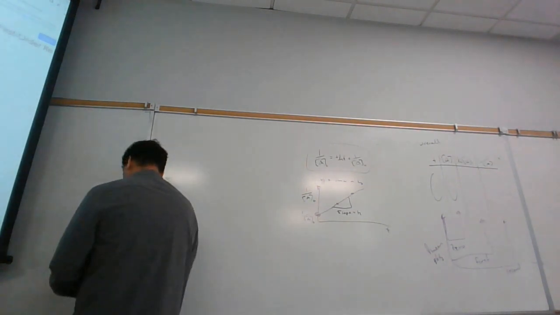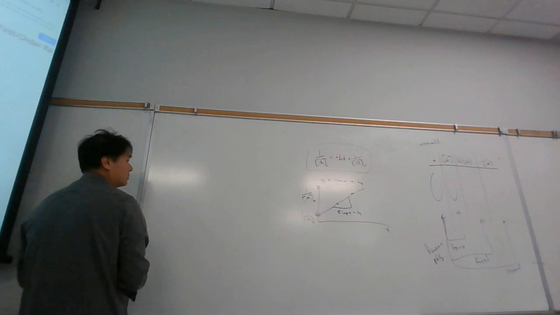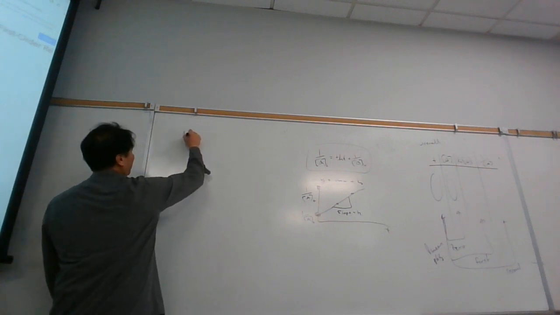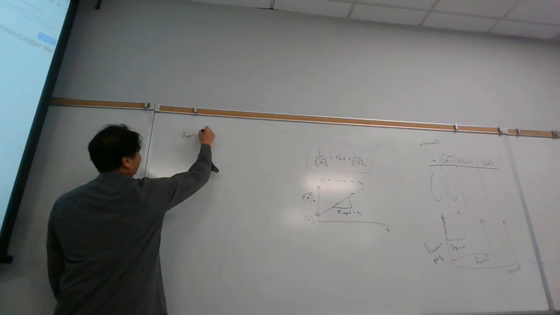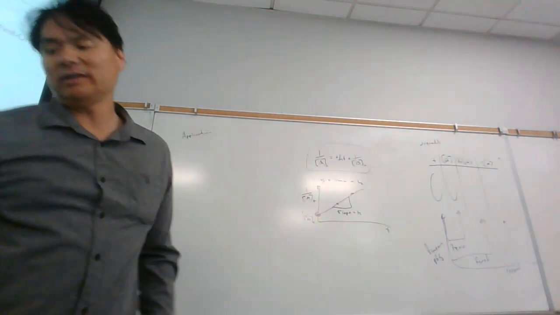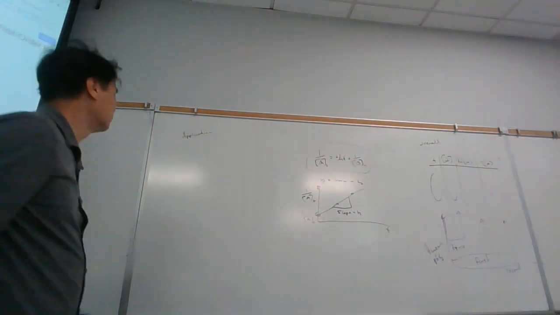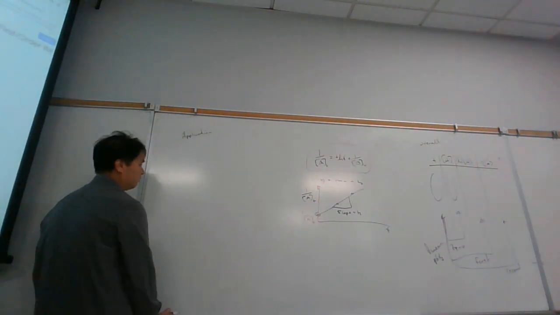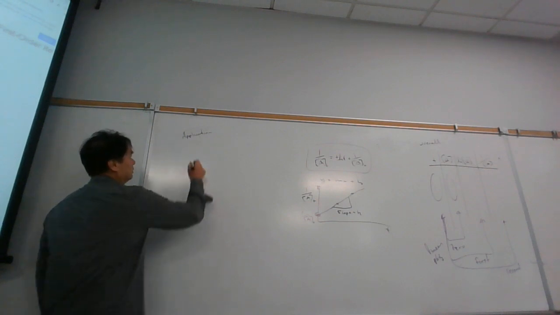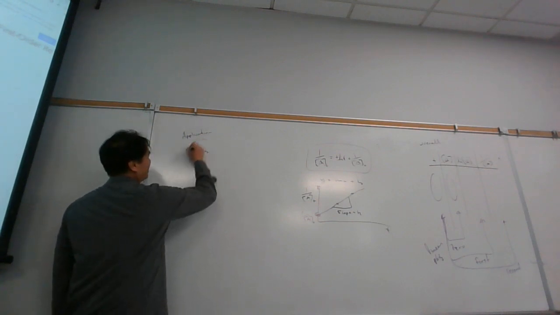So let's look at an application of this, once we have this. Application would be how long. Well, we could do how long does it take to do whatever, 5% reaction, 10%, 50%. And so the application we're going to look at is 50%.